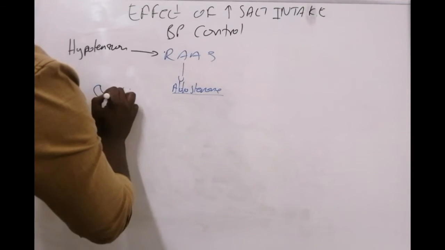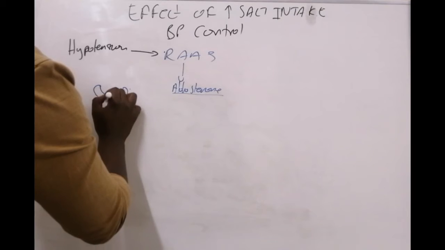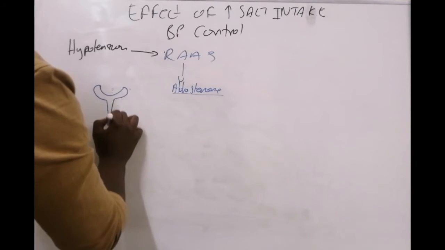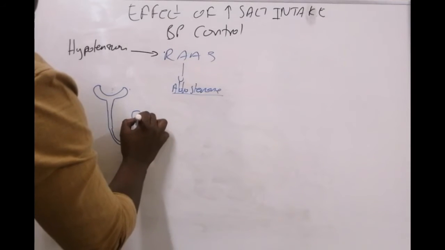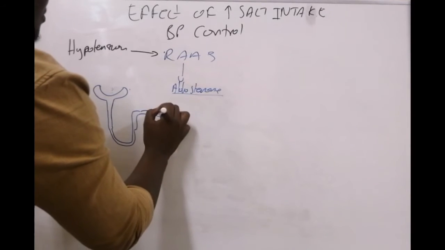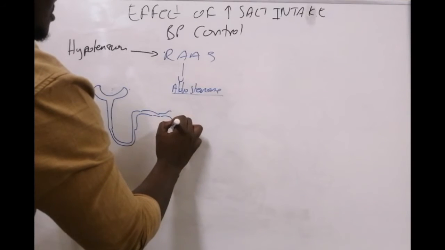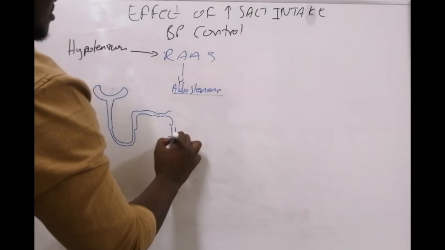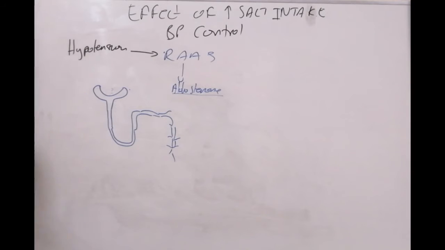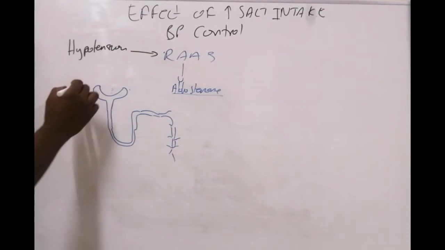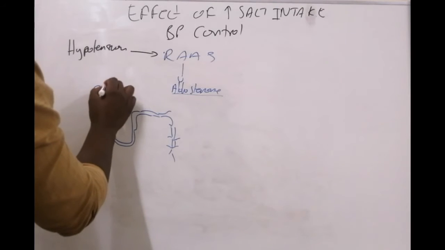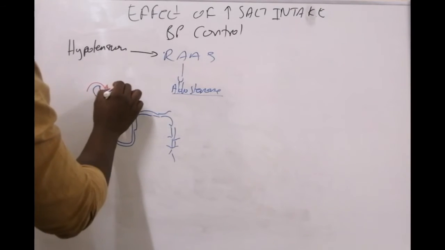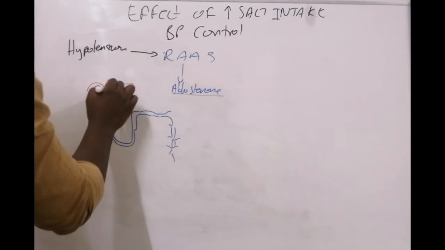is going to go to the kidneys. This is the nephron, our collecting duct. So this is the Bowman's capsule, and then we have our afferent arteriole and our efferent arteriole, and we've got that mesh that is there.